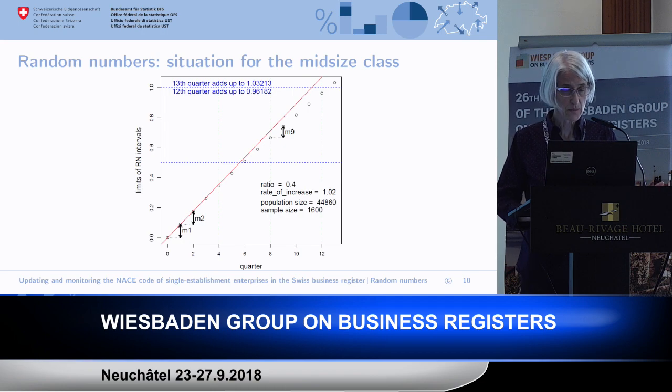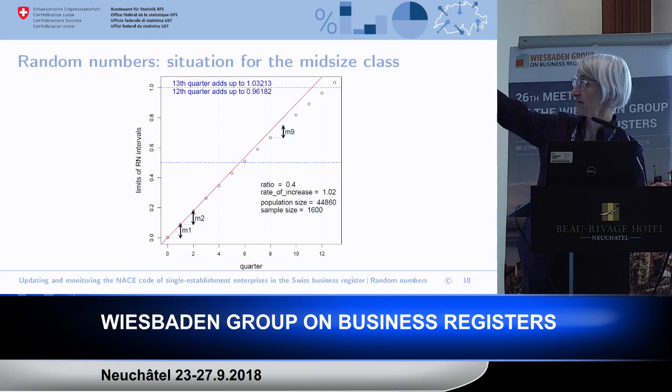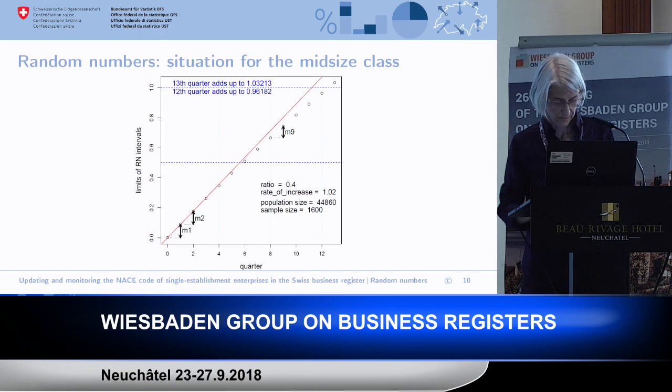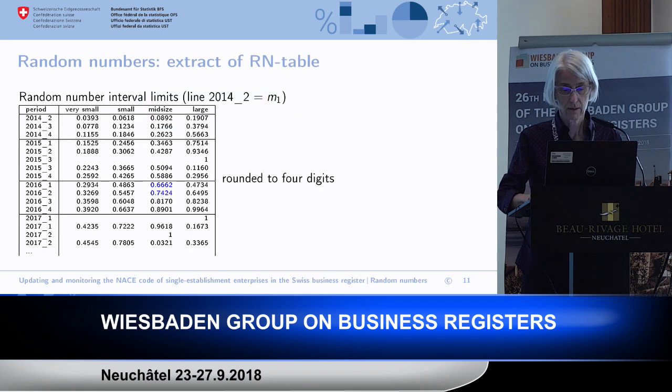If the sum of the M_Ds exceeds the one, we have finished a cycle. Here, between quarter 12 and 13, we see we go up over the one. The random numbers of this figure will be seen in the next table.